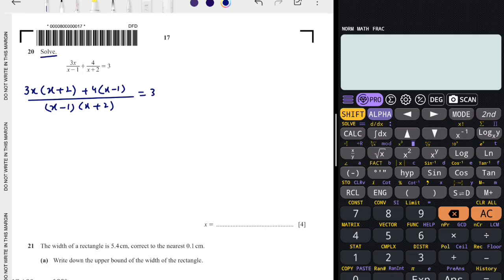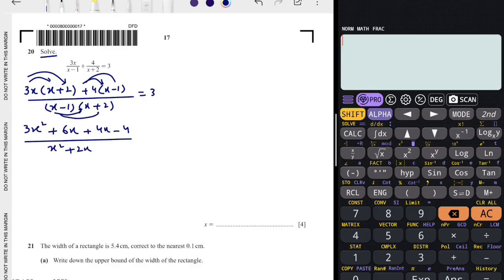We'll further expand. 3x square plus 6x plus 4x minus 4 divided by x square plus 2x minus x and minus 2 is equal to 3.